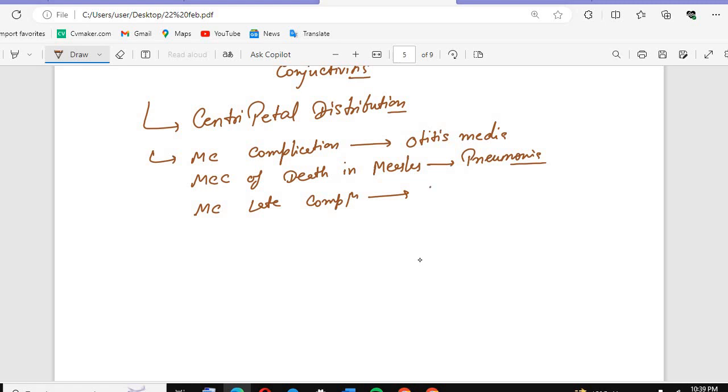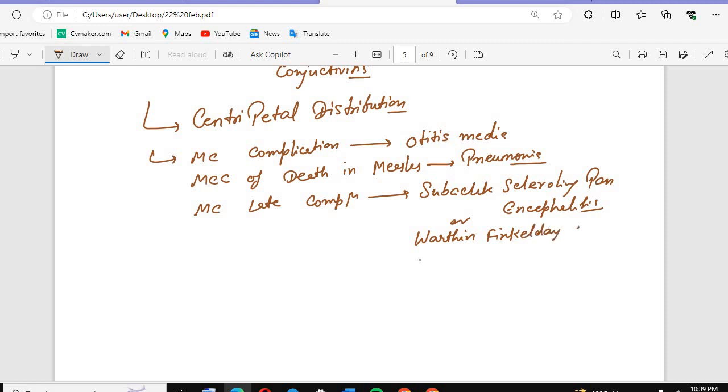So we have subacute sclerosing panencephalitis, or also we can have Warthin-Finkeldey giant cells.